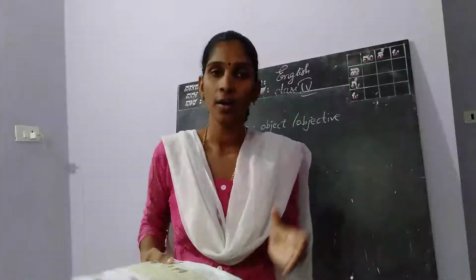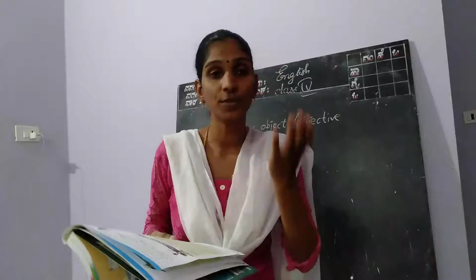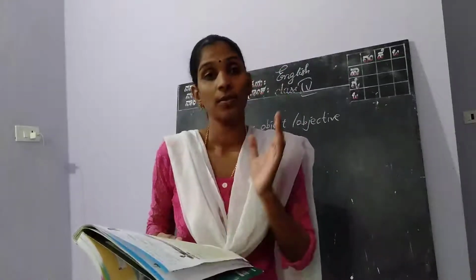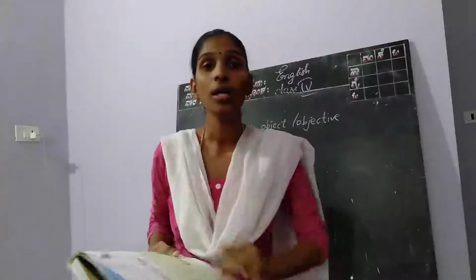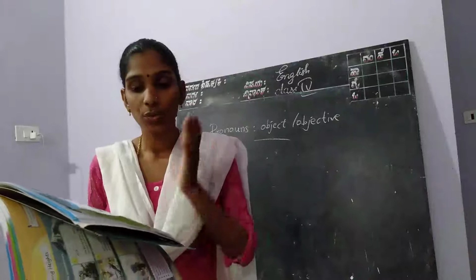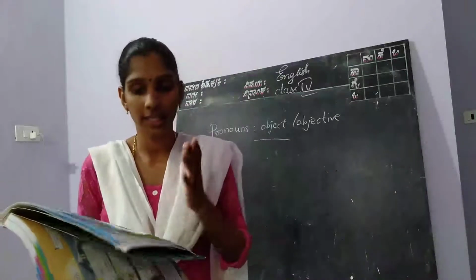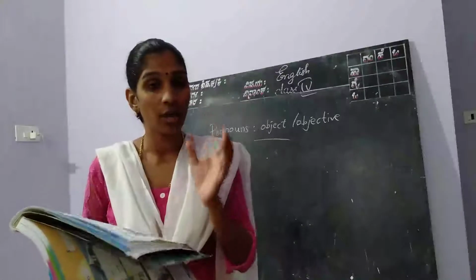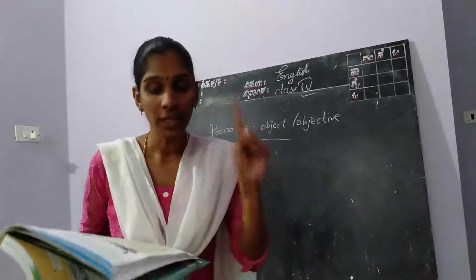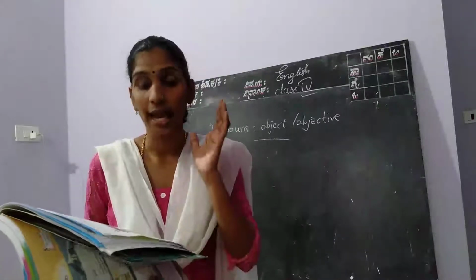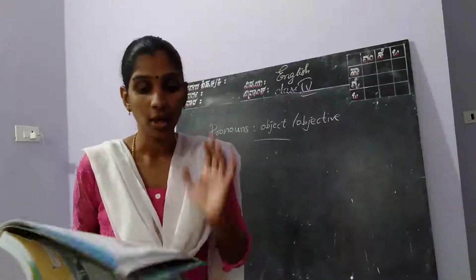We are using objective pronouns after action verbs or prepositions. Me, you, him, her, it, us and them are object pronouns.